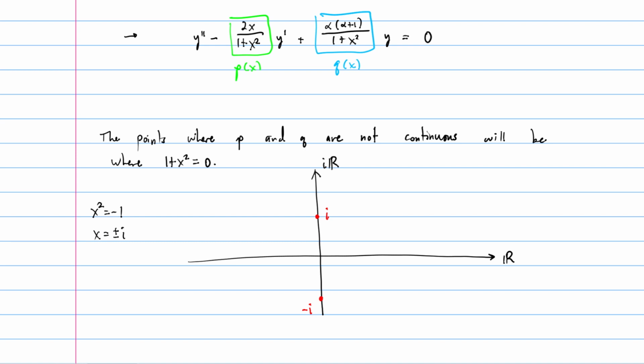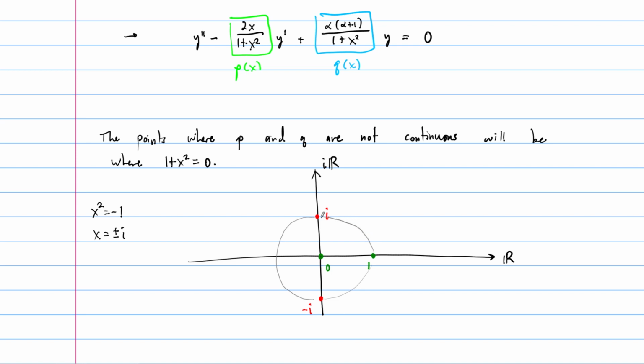So now let's think about where our center points are. Our center points were x naught equals 0 and x naught equals 1, right? These are going to have different radii of convergence. From 0, we're only guaranteed to be allowed to go as far in the x direction as we can go in the y direction, as x and y coordinates of complex space. So we can only go 1 unit, right?